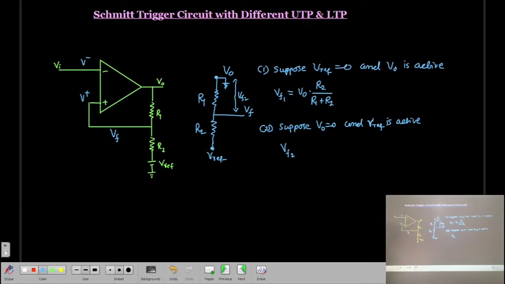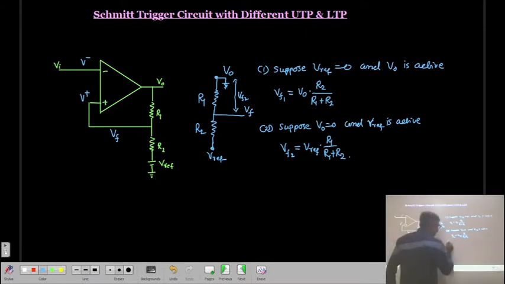So again, you can apply the potential divider rule, and Vf2 will be equal to V reference into, now you are taking the voltage across R1, so R1 divided by R1 plus R2.